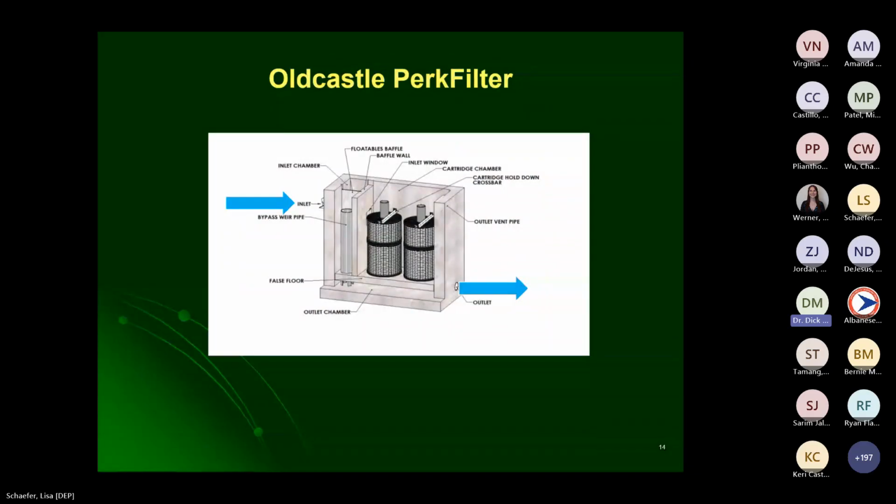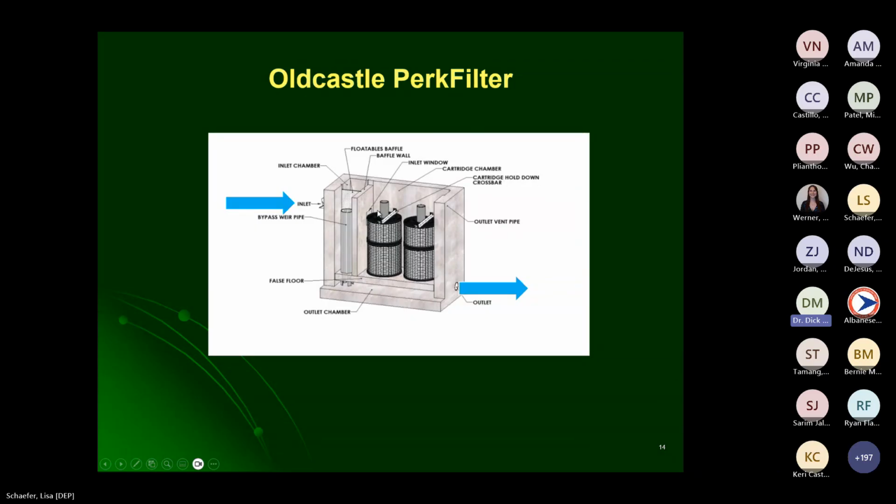All right, this is an example of a filter system. Filters can be in different forms. In here, you see the flow coming in the inlet. There's a floatables baffle chamber. It kind of separates out the coarse materials in the beginning. It then goes into a vault where you have these cartridges.